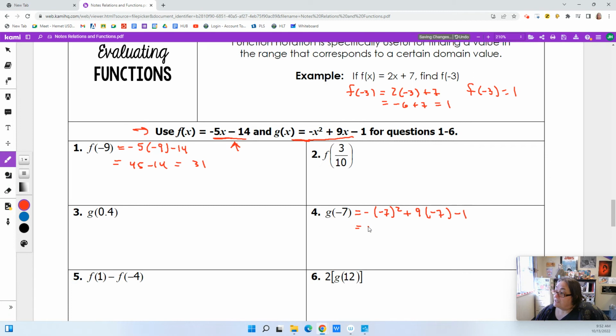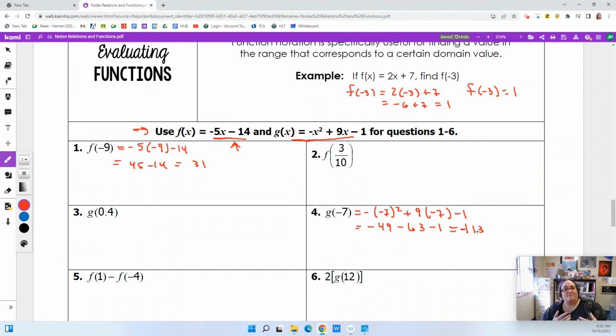Negative 7 squared is 49, but I have a minus on the outside, so it's minus 49 plus 9 times negative 7 is going to be, what is 9 times 7? Negative 63 minus 1. That's minus 50. That's going to be negative 113.